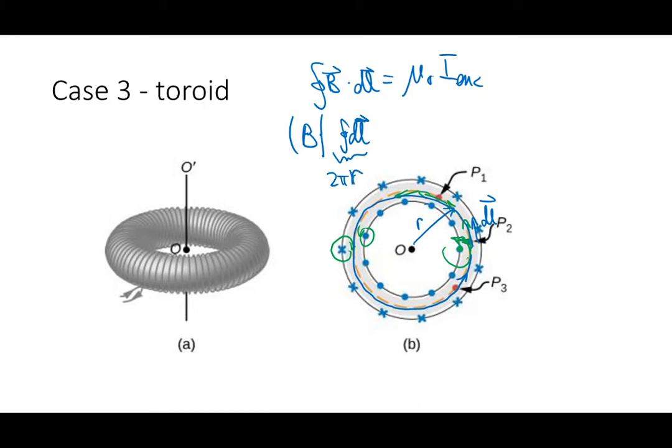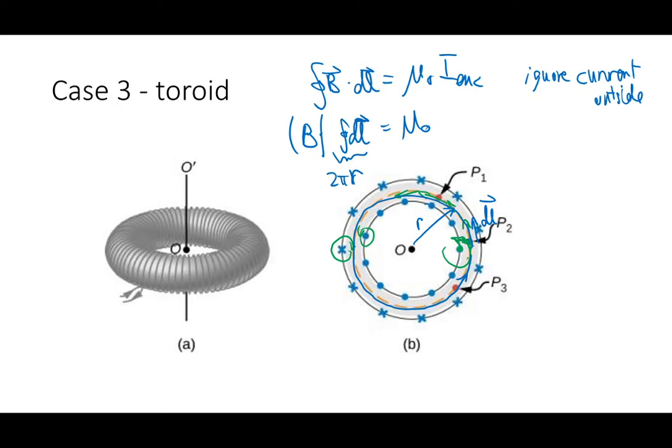Now the current enclosed. You notice all the current that's inside counts, and we again ignore everything on the outside. Just like Gauss's law, whatever's outside is important to make the magnetic field have the direction that it does, but for the calculation, we ignore all the current that's outside of my Amperian loop.